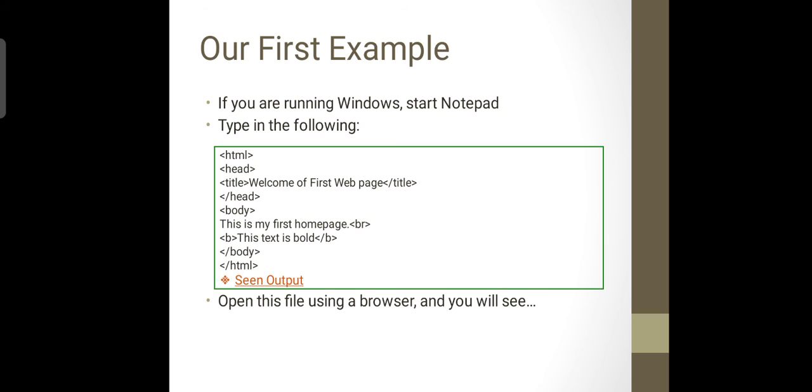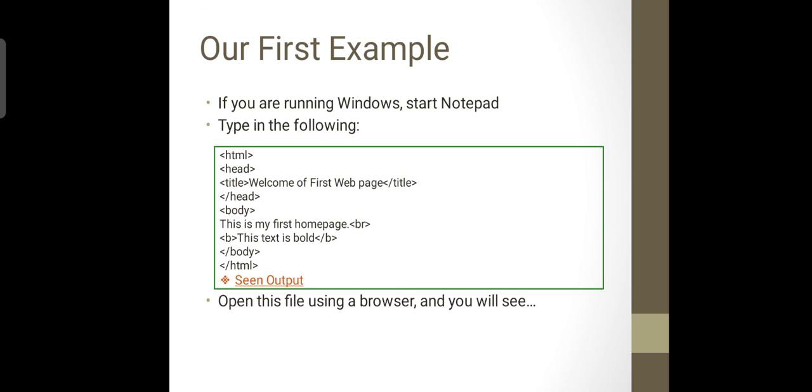This is my first home page, and including the BR tag to break the line. The next output will be displayed automatically on the next line. The B tag is basically used to display the text in bold letters. So close the body tag and close the HTML tag.